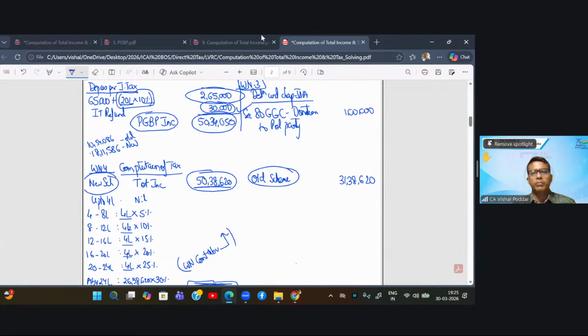Now under old scheme, how will you compute tax? Up to 2.5 lakhs, it will be nil. Then 2.5 to 5 lakhs, that is on 2.5 lakhs, it will be 10. Correct, na?